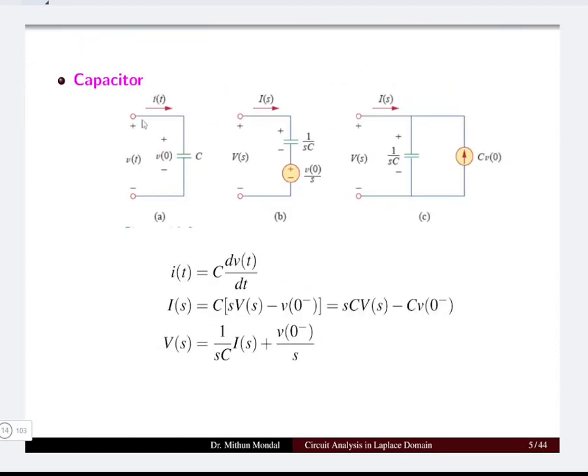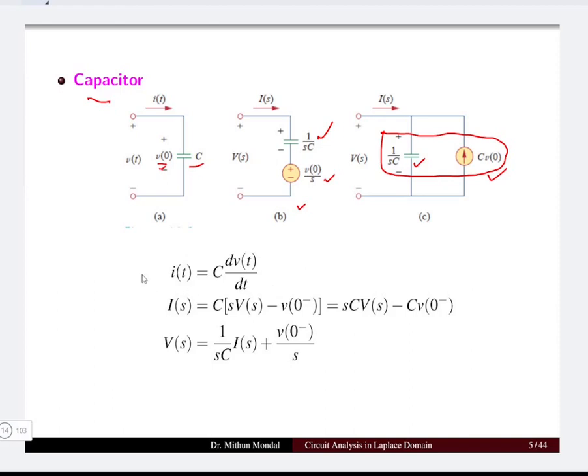Similar to the inductor, we can have this for the capacitor. The capacitor has the initial voltage V(0), which can be represented as V(0)/s with a voltage source in series with the capacitor impedance 1/sC. If we want to represent the capacitor in parallel with a current source for the source transformation, we will have C V(0), which represents the initial current, and 1/sC represents the capacitance in the frequency domain.